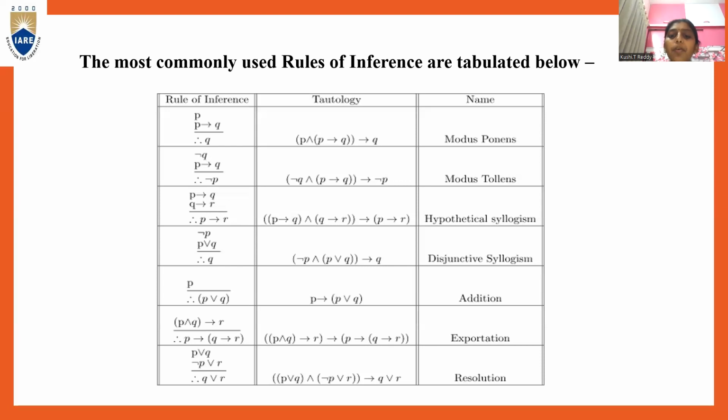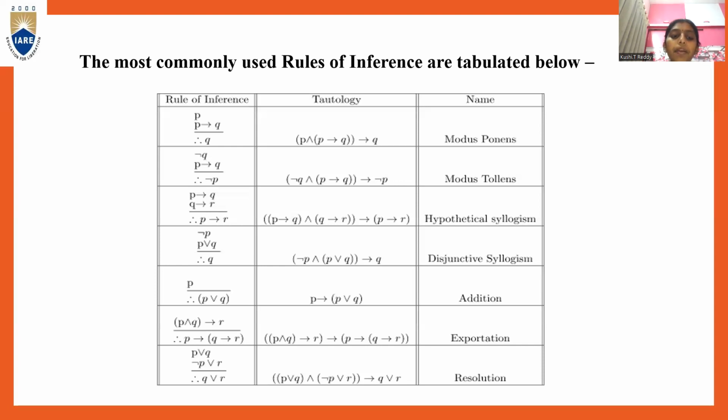Next is hypothetical syllogism, that is P implies Q and Q implies R gives you P implies R. Next is disjunctive syllogism. So here negation P and P or Q gives you Q. Next is addition, that is P can be written as P or Q. Next is exportation.